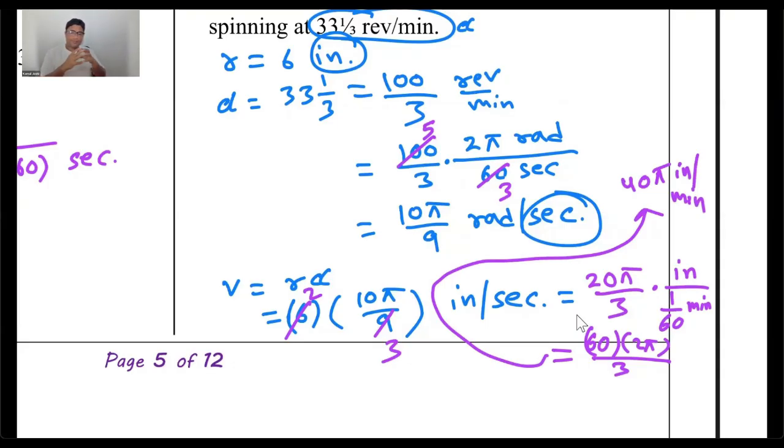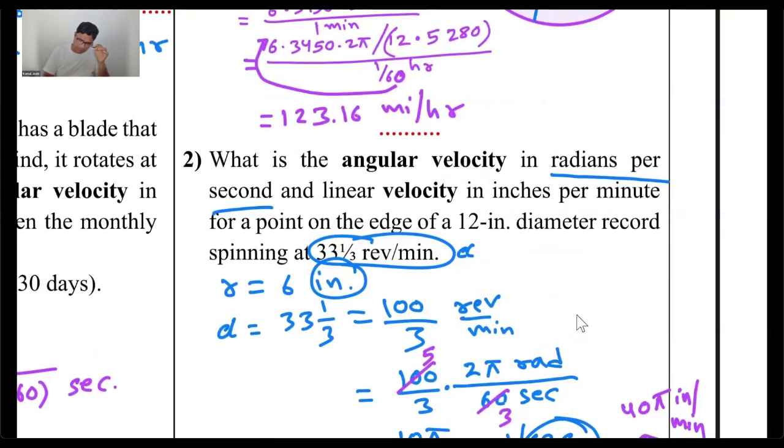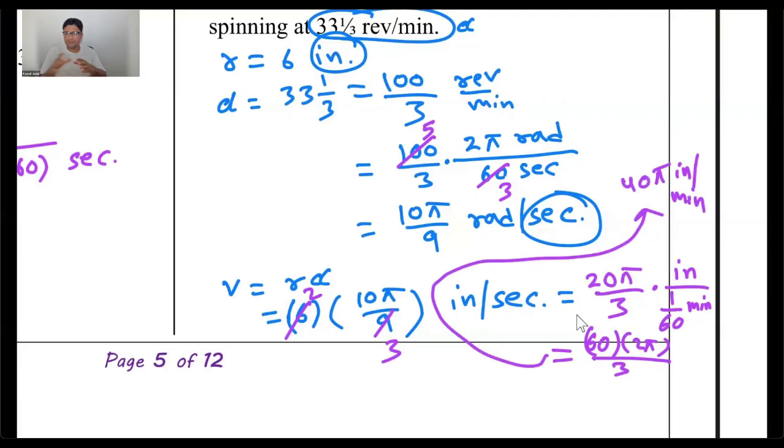If you want a decimal value, you would plug in the value of pi, otherwise you can leave it at that.